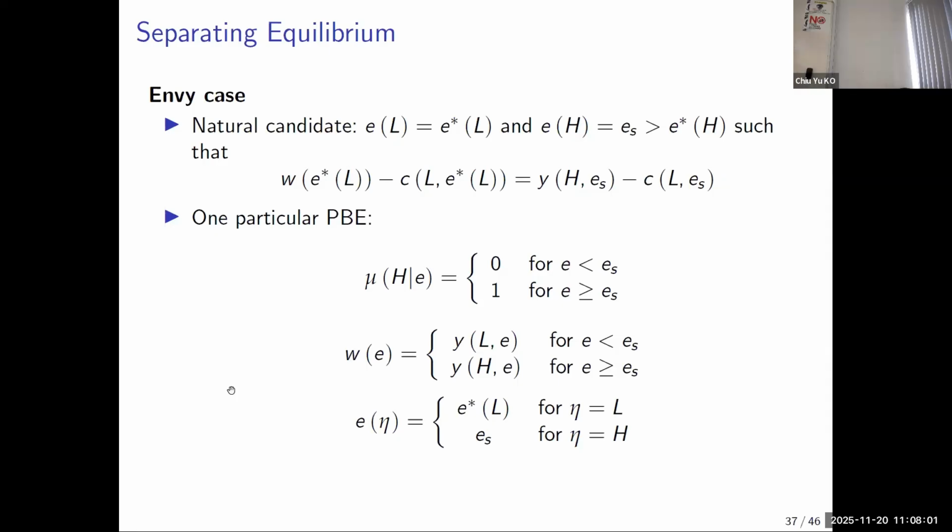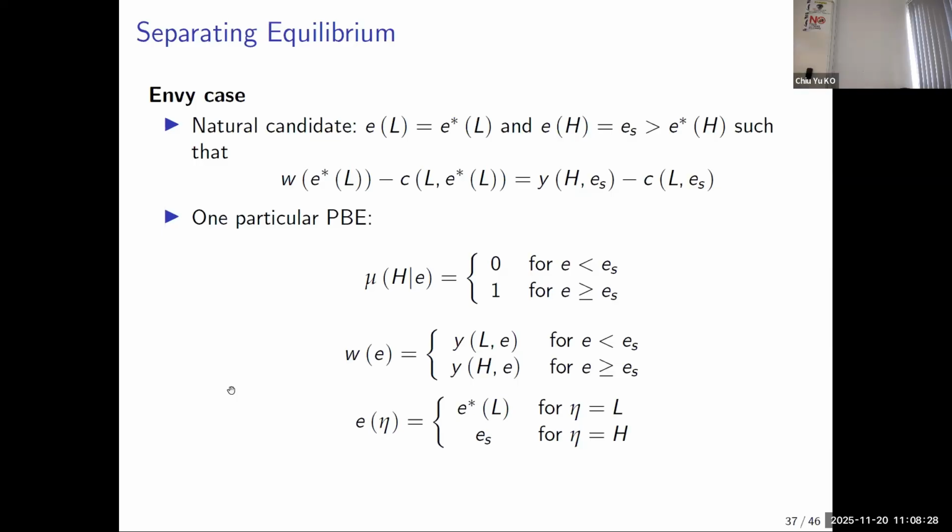The high type cannot, because they envy. The only thing they can do to separate from the low type is to go to school longer. Because it's more costly for the low type to get schooling, in order to prevent them from mimicking, the high type gets more education. That separates them out.